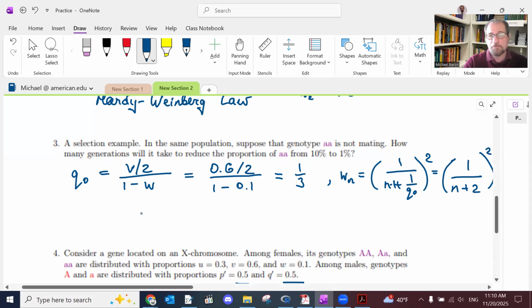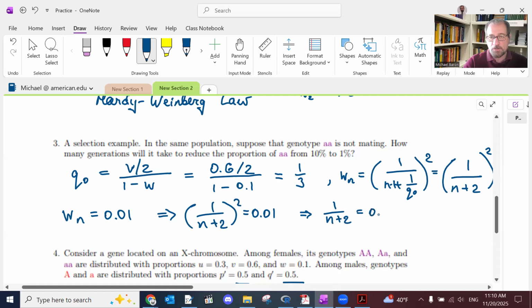The problem wants Wn to be 1%. So equate and solve it. When 1 over n plus 2, squared, is 0.01, you can solve it. That means 1 over n plus 2 is 0.1.